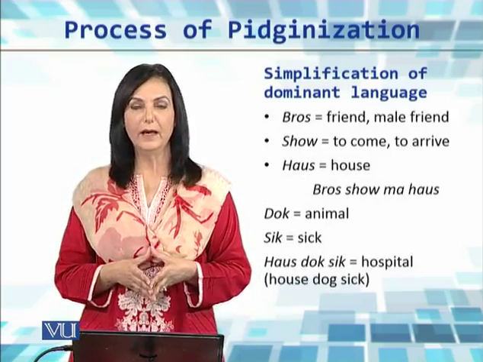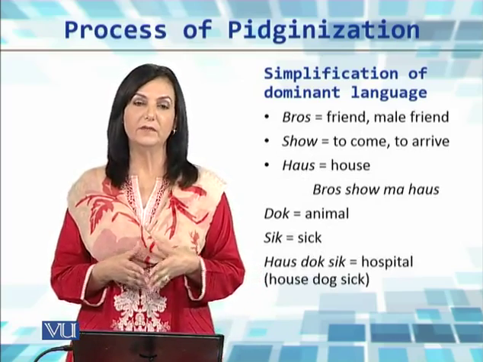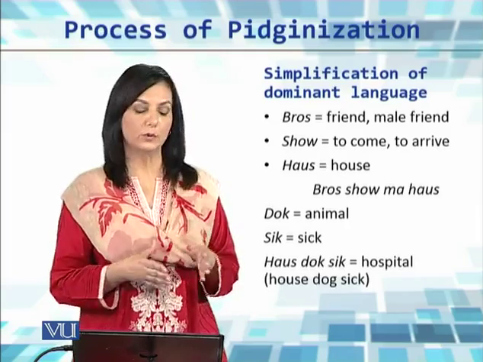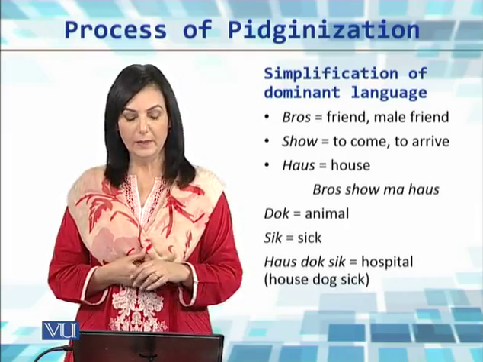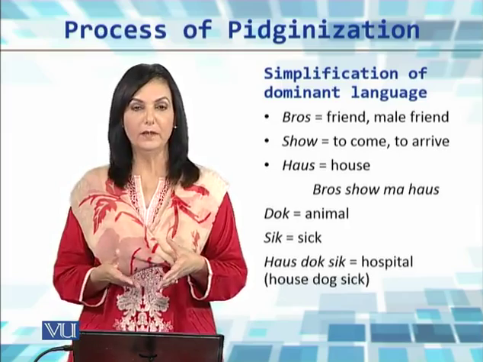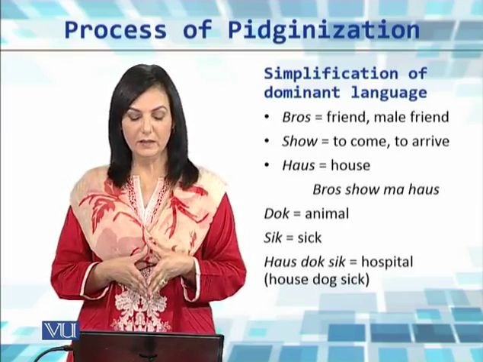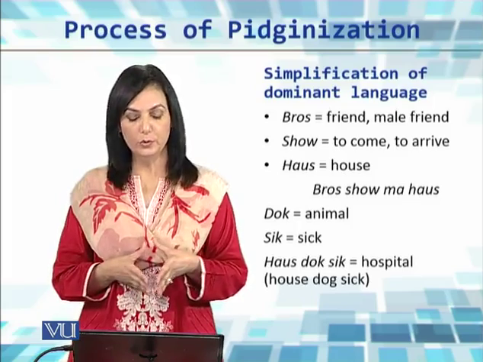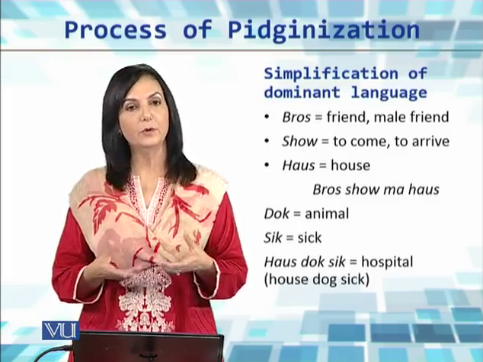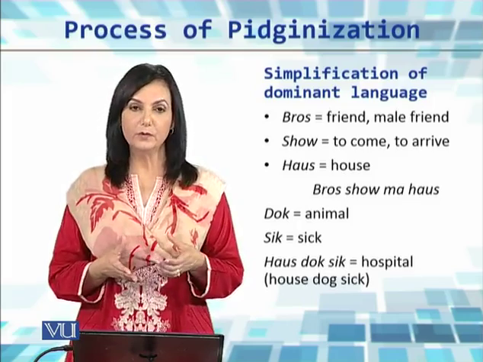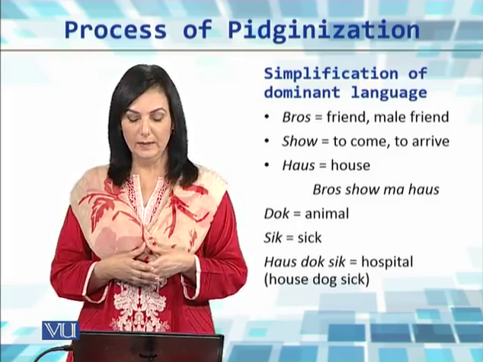Similarly, the vocabulary of the dominant language is also simplified. We have a word like "bros" to indicate a friend, especially a male friend. "Show" to mean to come, to arrive. "A house" to mean house.